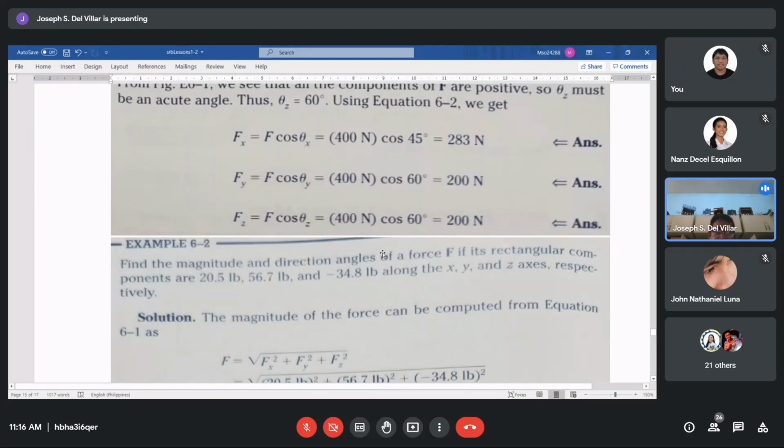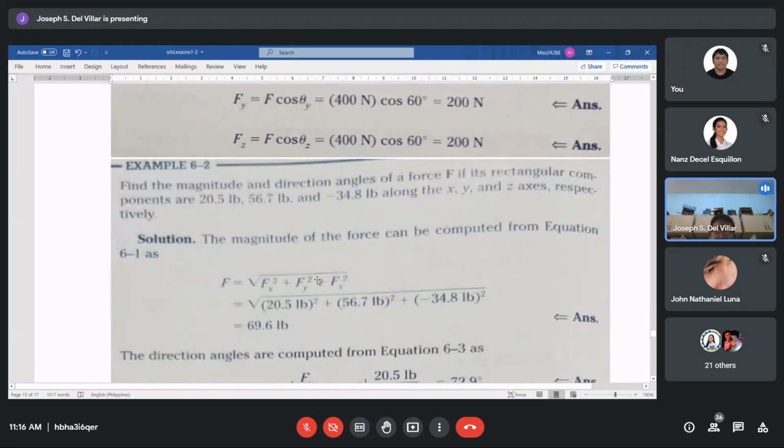Okay, so ang given naman dito are the rectangular components. Nakita nyo? Itong 20.5, 56.7, negative 34.8. And these are Fx, Fy, and F sub Z. Yun yung given ngayon. Ang nawawala, yung F. What is F? We do not know. And theta X, theta Y, and theta Z are also not given.